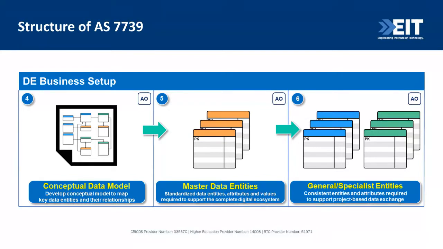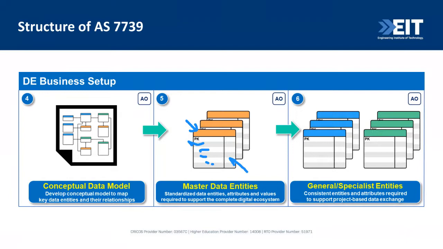In the business setup, we are dealing with conceptual data modeling, where they develop the conceptual model to map the key data entities and other relations. And then we have master data entities, which are for some key parameters and also standardization of data entities, attributes, allocated attributes, names, and also, for example, some values on it, in this complete digital ecosystem.